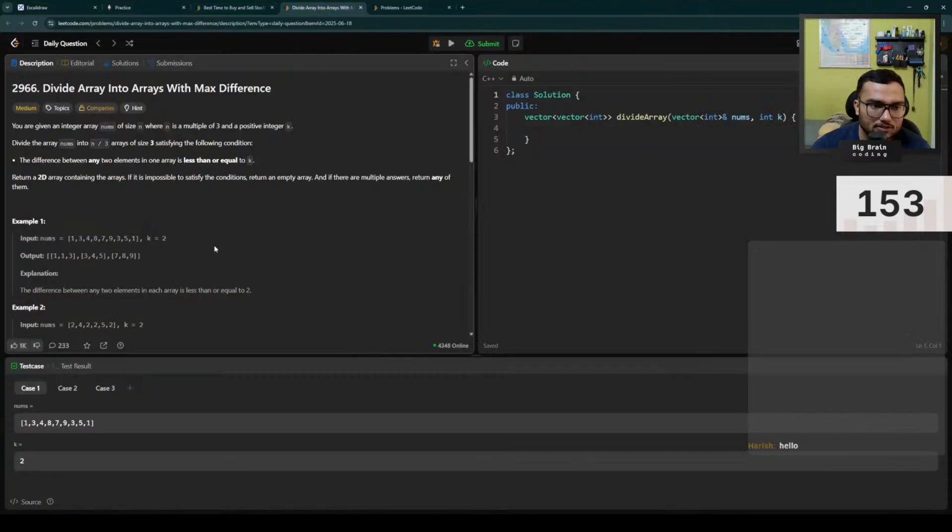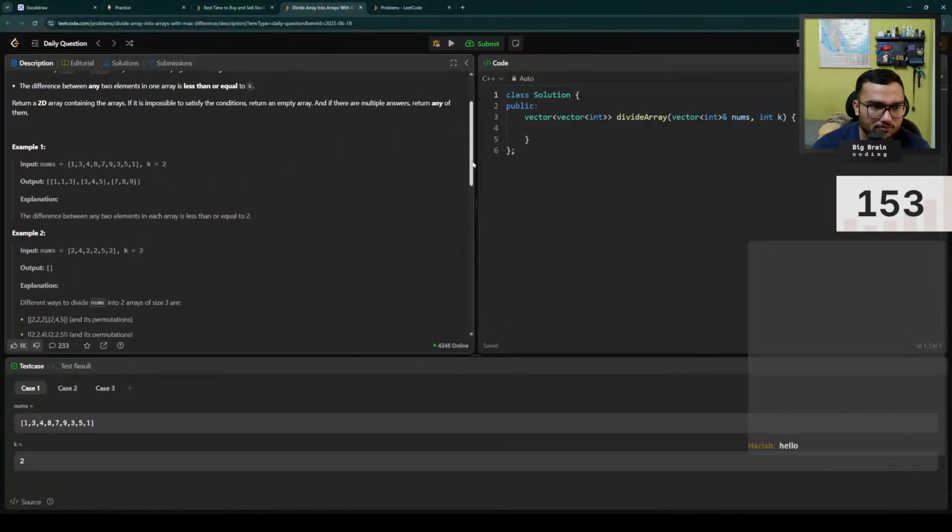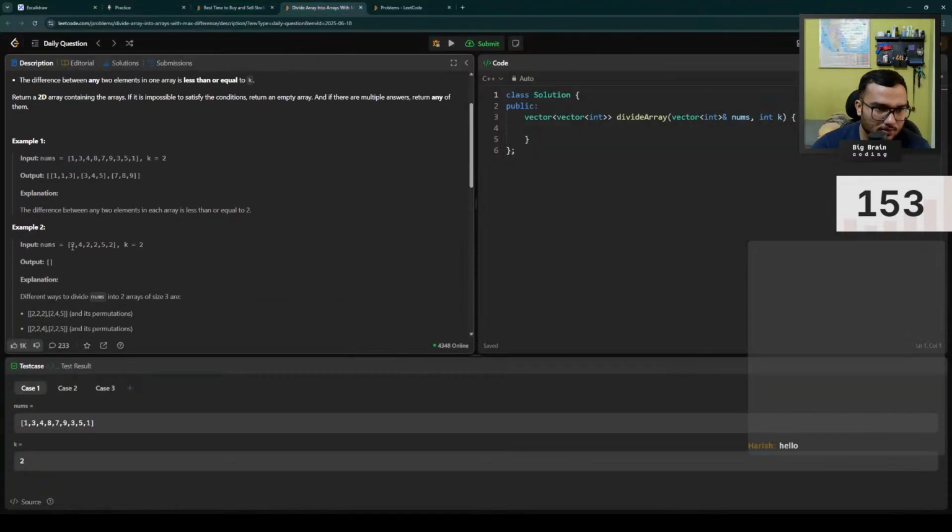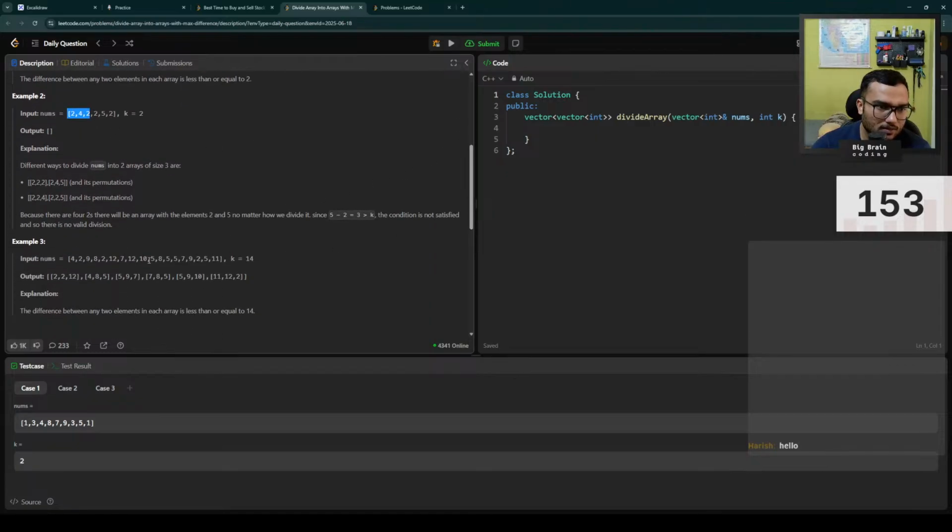But there can be a case where this won't fit so easily. For example, here there are 6 elements. If I divide them 2 to 2, 4, 5, yeah, that won't be possible. And if I do this, they're doing 2, 2, 12, 4, 8, 5, 5, 9, 7.